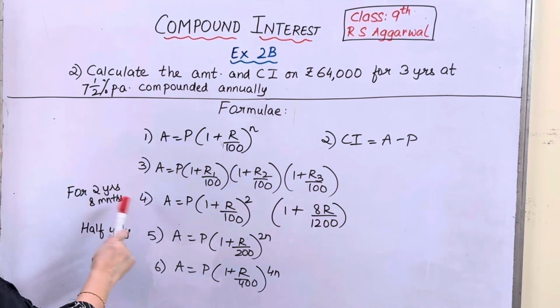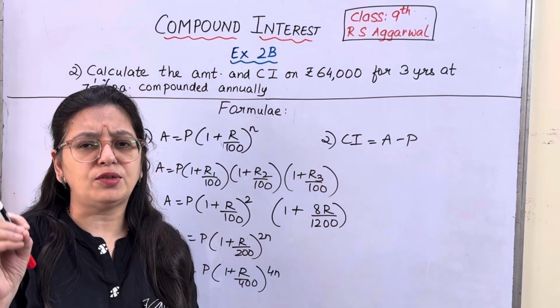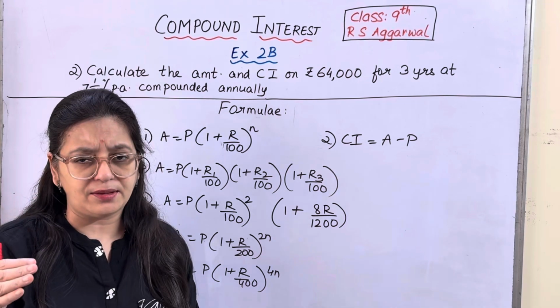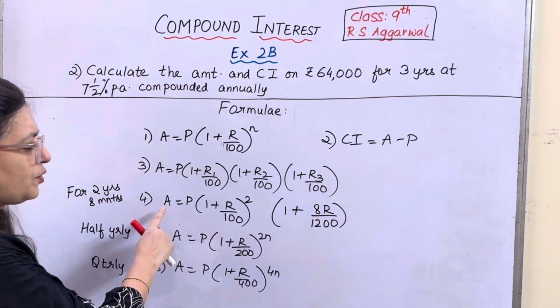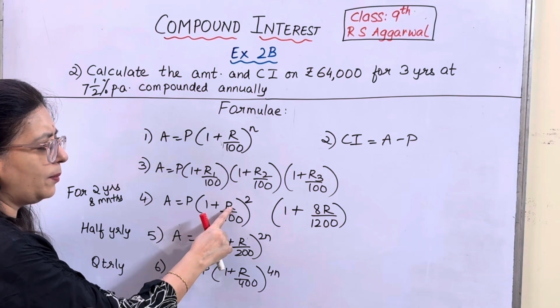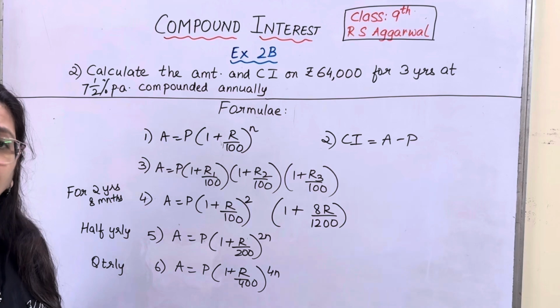Then what if a complete number of years is not given? Say they have given 2 years and 8 months. How will you find it? First, for 2 years the formula is the same: A is equal to P into (1 plus R upon 100) raised to 2, based on the number of years.